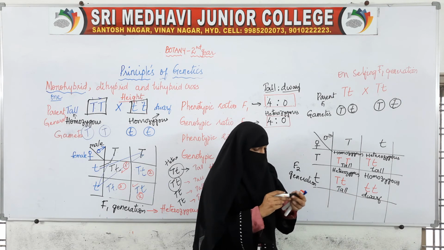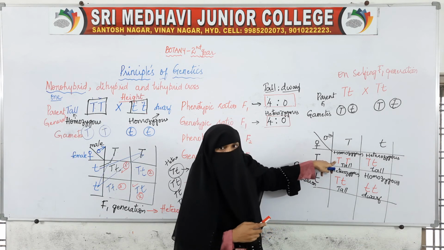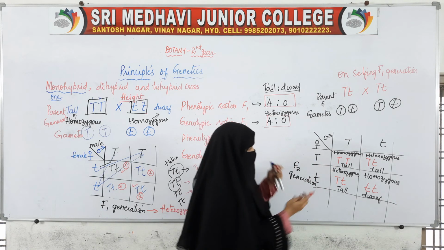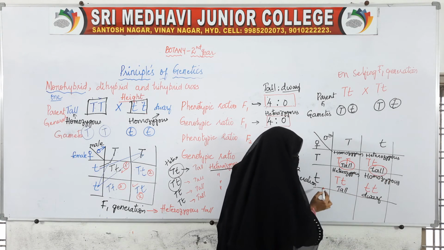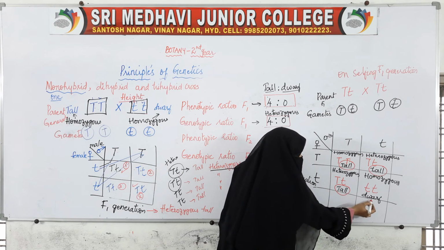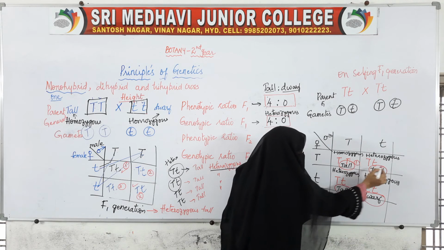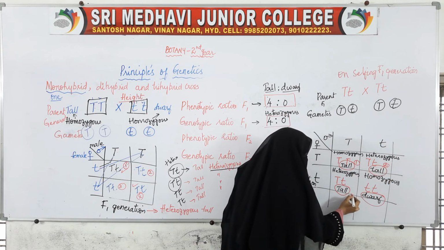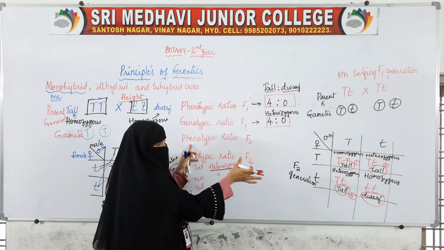So now checking the phenotypic ratio. Appearance wise, this is a tall plant. This is tall. This is also tall. This is also tall. And this is dwarf. Tall how many? 1 tall, 2 tall and 3 tall. Phenotypic means appearance wise.